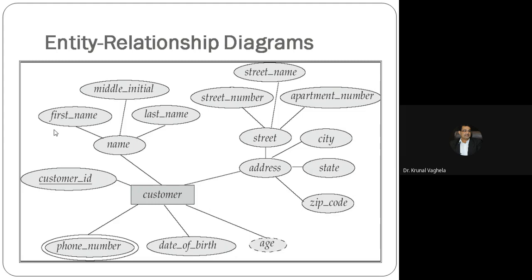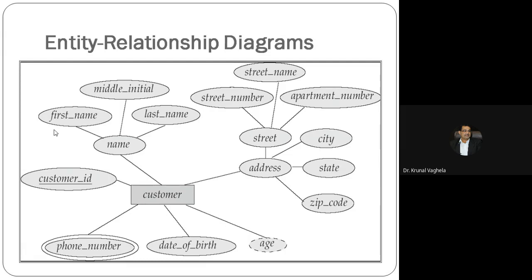How many entity sets are here? Only one, which is customer. Now attributes. First is customer ID. What is underlined? It's the primary key. What type of attribute is name?